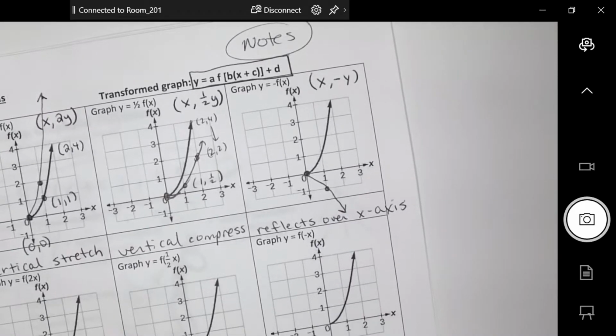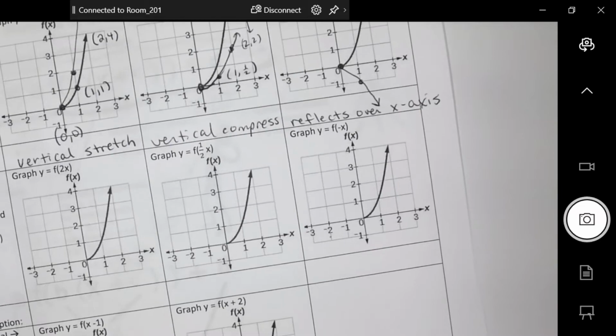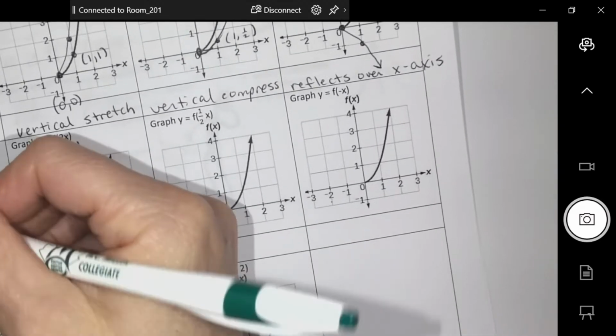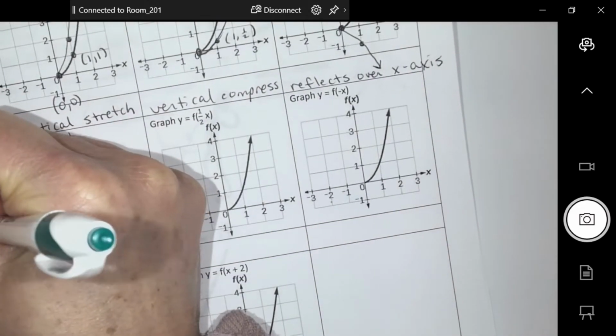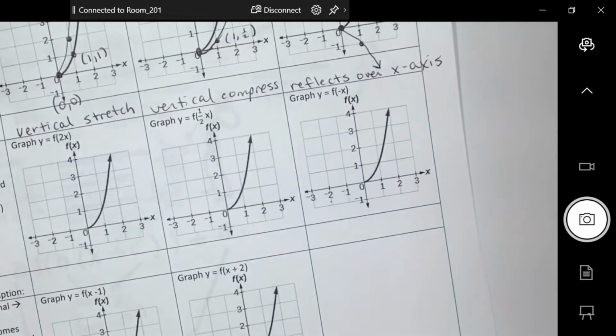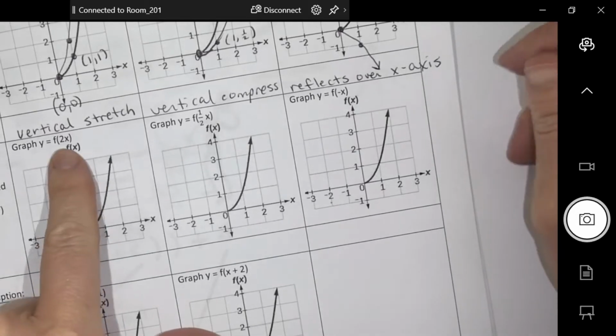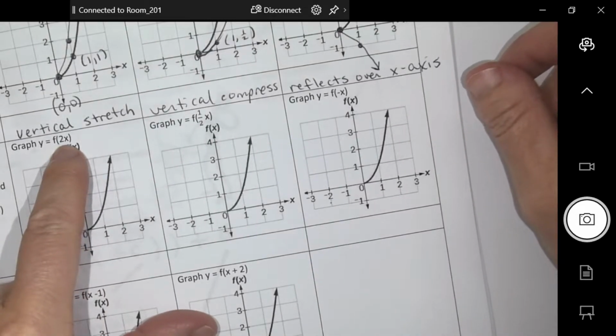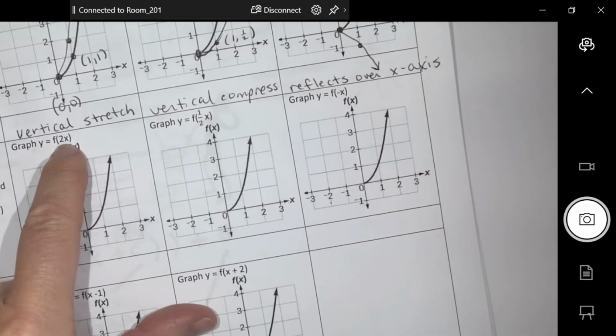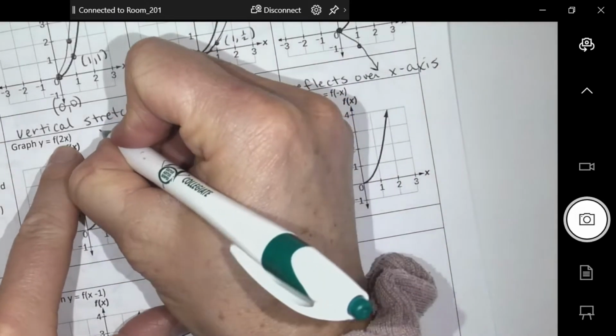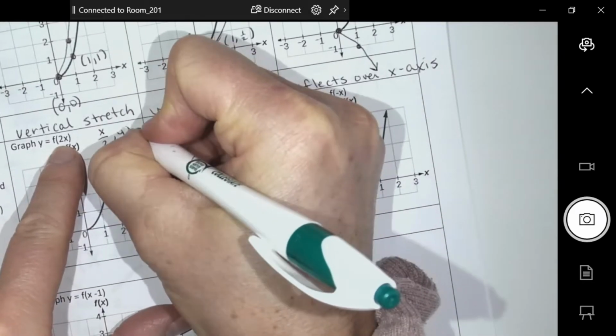Okay, B. So when you do a B, you're going to have to change x. And it's an opposite thinking. When you change anything with an x, it's opposite. So here, it looks like I'm timesing by 2. So what's the opposite I'm going to do? Divide by 2.